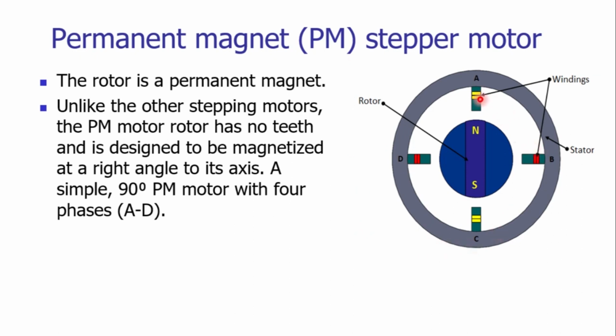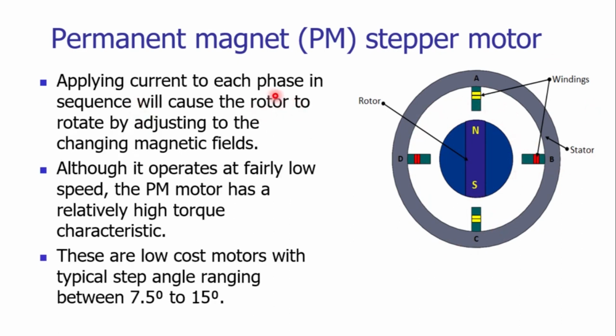There are 4 poles or 2 pairs and a permanent magnet rotor. When we apply current to each phase in sequence, that causes the rotor to rotate by adjusting to the changing magnetic fields. So we energize the windings of the stator poles in sequence according to the pulse input given by the microprocessor.